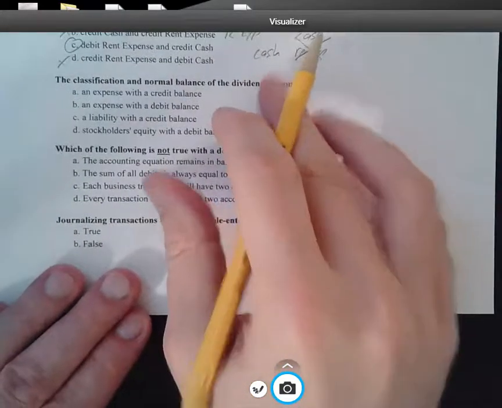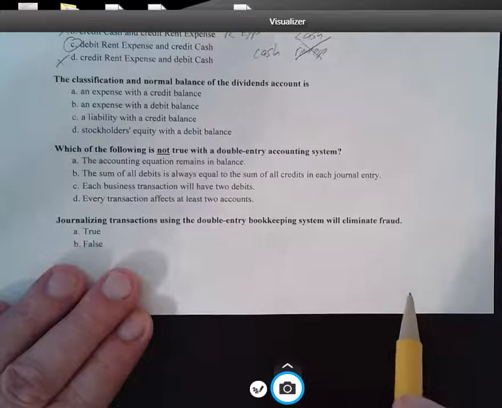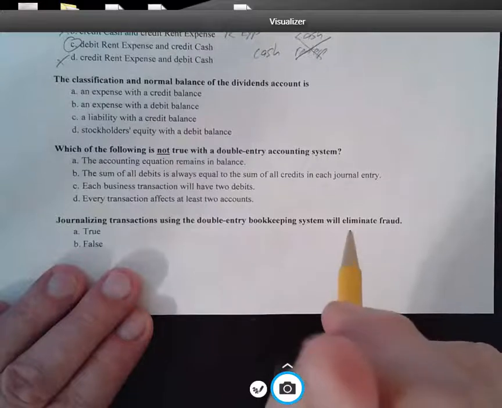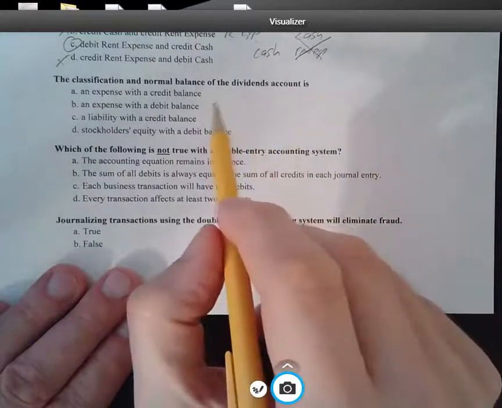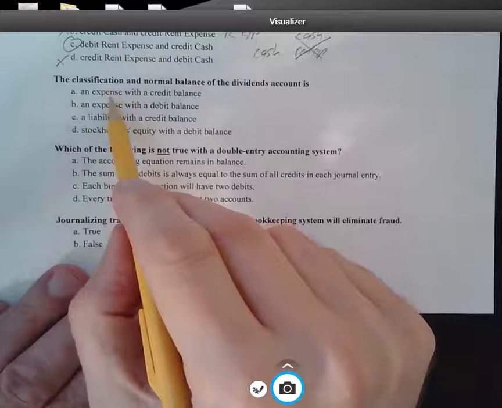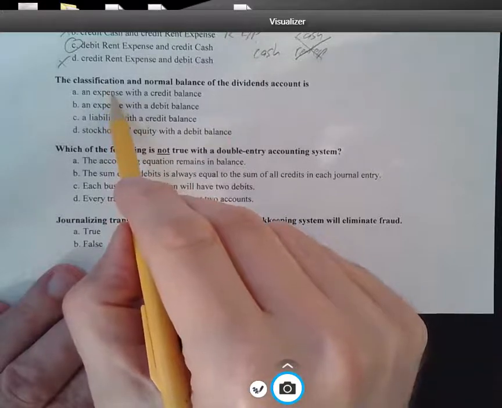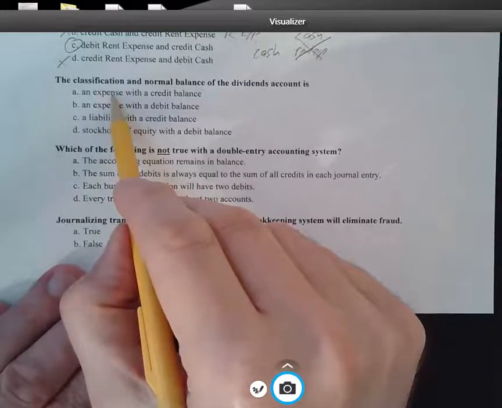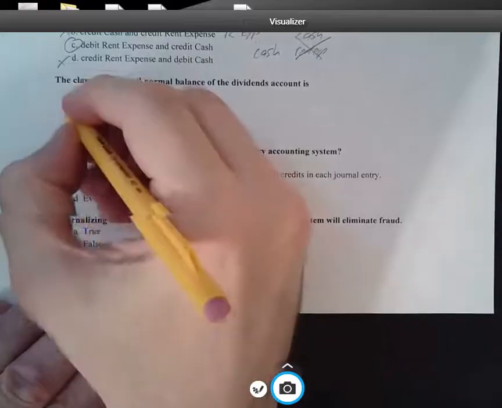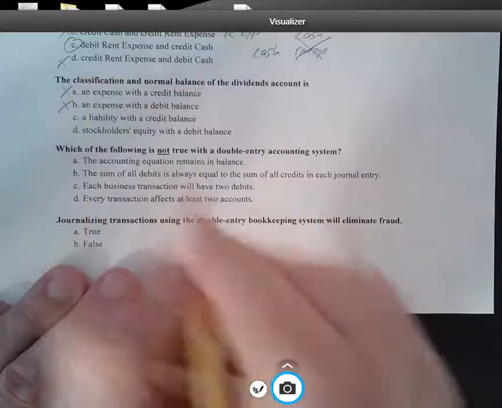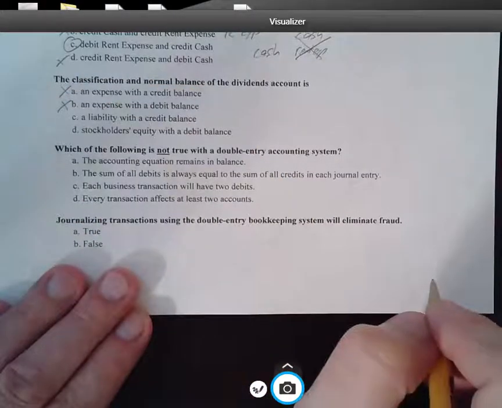The classification and normal balance of the dividends account is what? Dividends are not an expense. An expense would mean that it's on the income statement. Dividends do not show up on the income statement. So I can actually eliminate choice A and B because they both start off the same way.